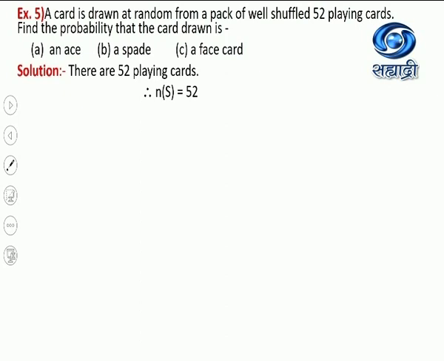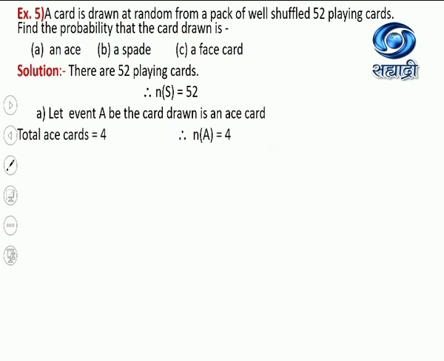Children, in this case, we are not writing the sample space, and it is not expected also. Now, let event A be the card drawn is an ace card. You all know how many ace cards are there? Total ace cards, 4. Therefore, N of A is equal to 4.